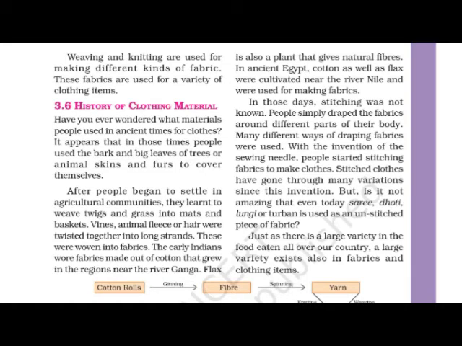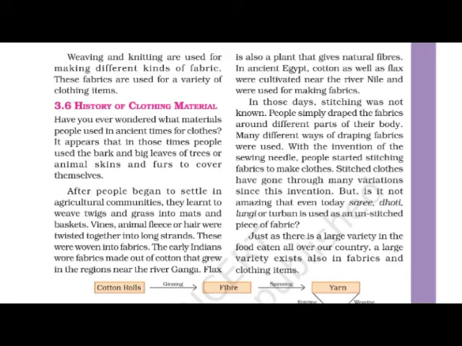Once animal fleece or hair were twisted together into long strands, these were woven into fabrics. The early Indians wore fabrics made of cotton that grew in the regions near the river Ganga.